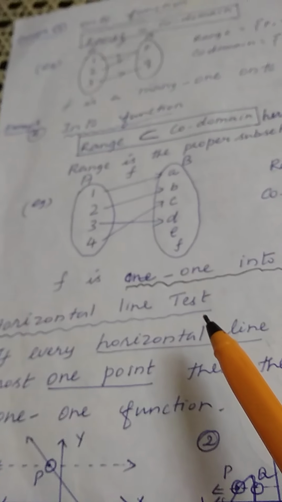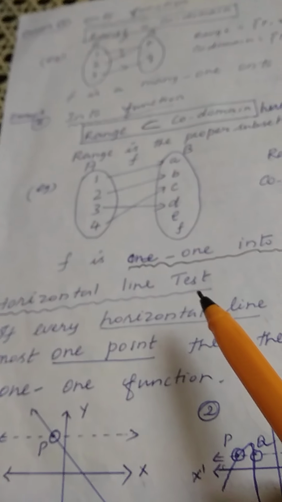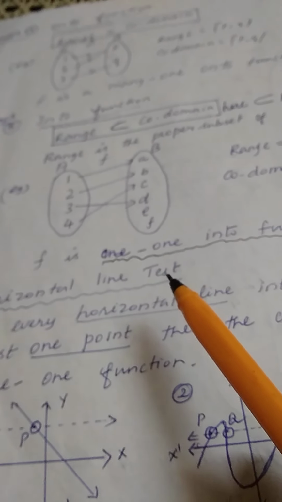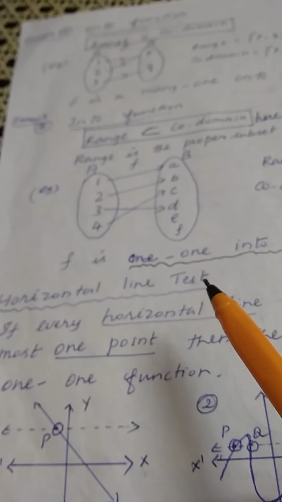We'll go to the next side heading, horizontal line test. In the previous class you learnt the vertical line test. Why are we using the vertical line test? To check whether the given graph is a function or not, we draw the vertical line. Here, the horizontal line test is used to check whether the given function is one-to-one.